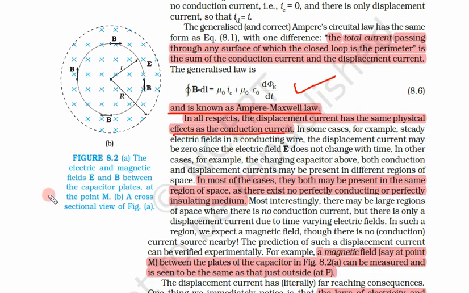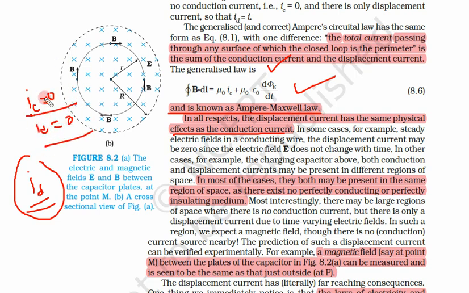So what have we learned? The displacement current is due to a changing electric field, and the changing electric field gives rise to the change in flux. So this is very similar to the conduction current. In most cases, both may be present, so we cannot say that IC is completely 0 or ID is completely 0.